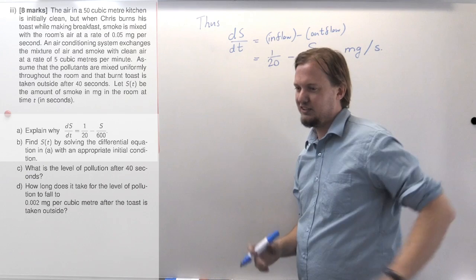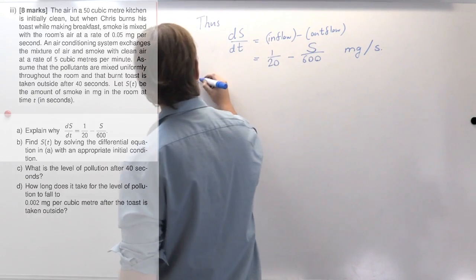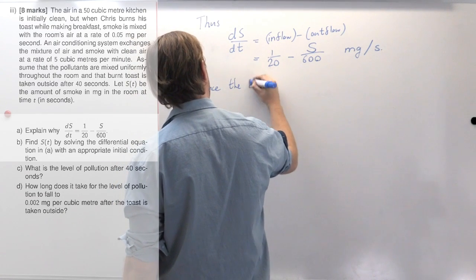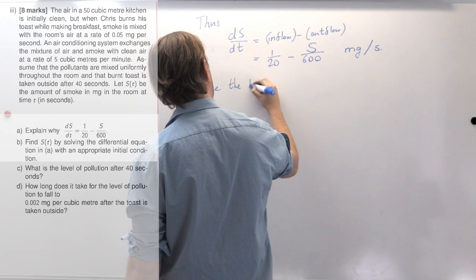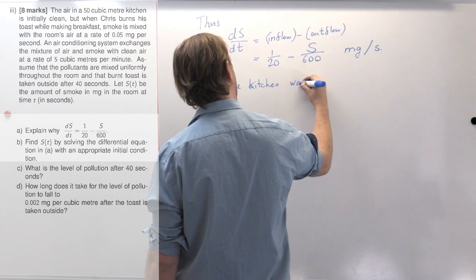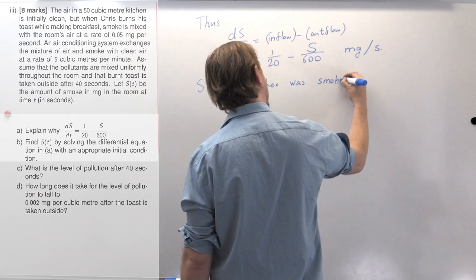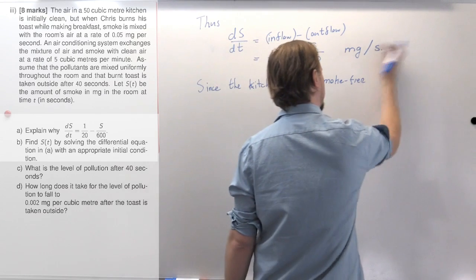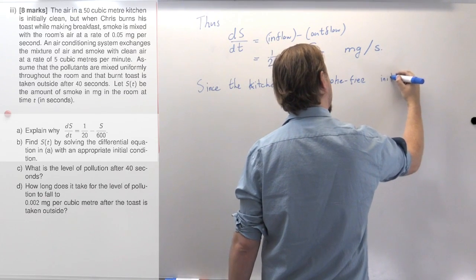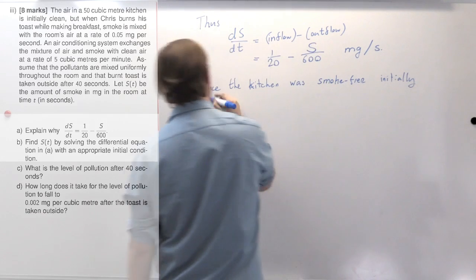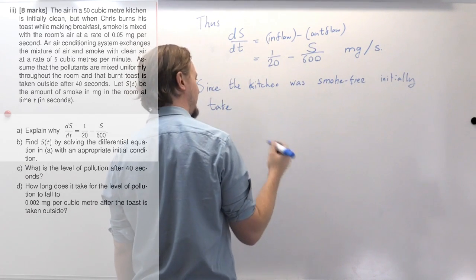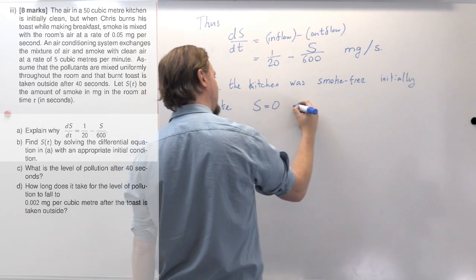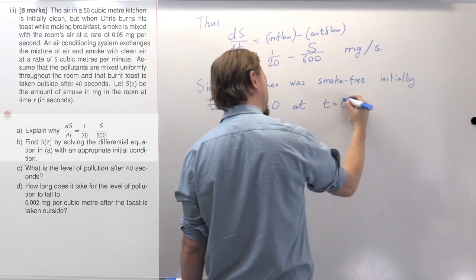So it says here that the kitchen is initially clean. Since the kitchen was smoke-free initially, let's take that S is equal to 0 at t equals 0.